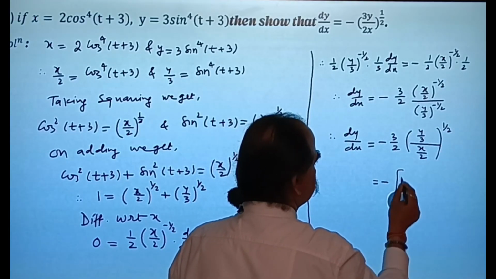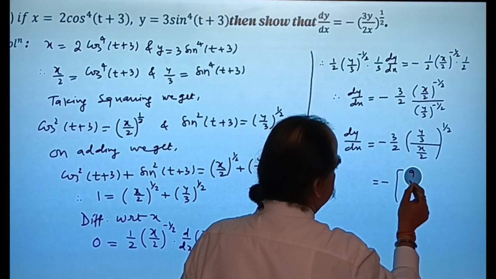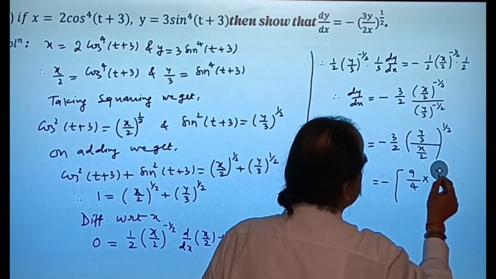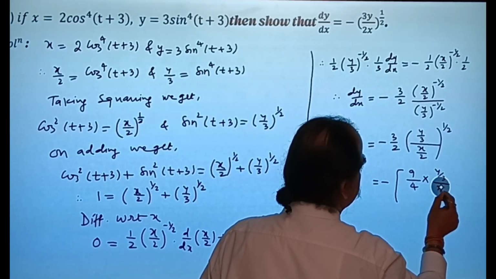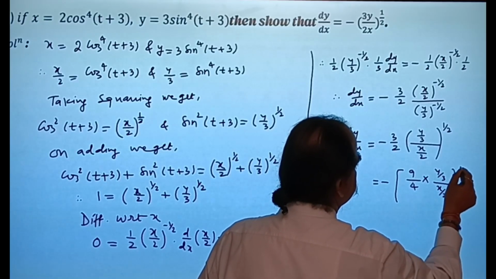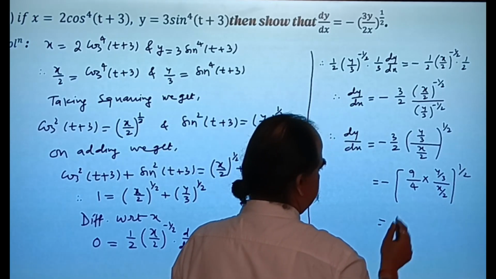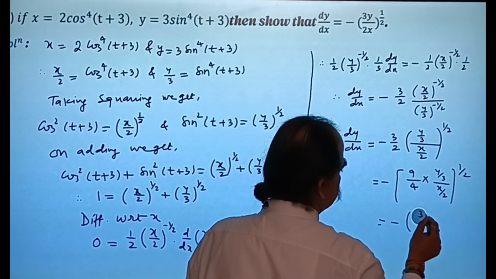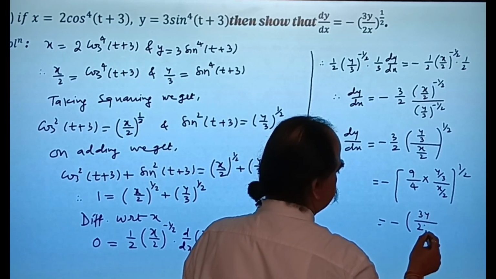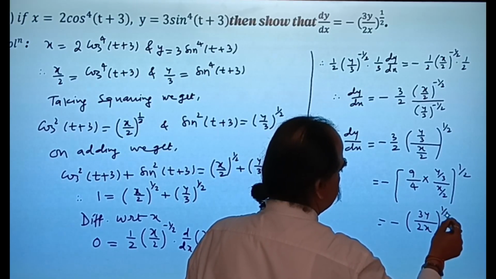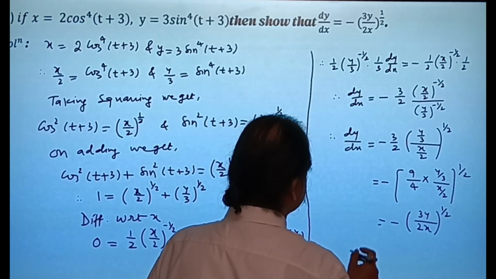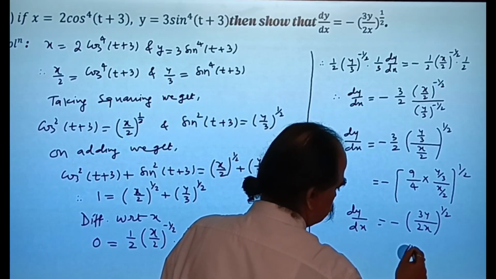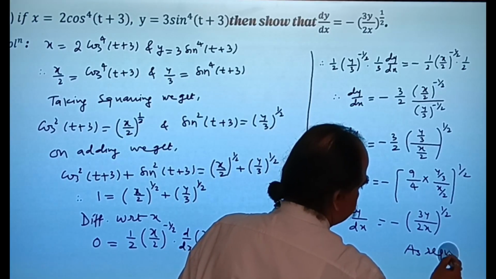Minus, keep outside, 3 square 9 upon 4 into y by 3 upon x by 2 raised to half. 9 and 3 will get cancelled, 4 and 2. So minus 3y upon 2x raised to half, as required.